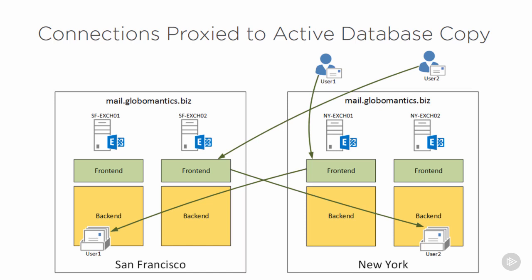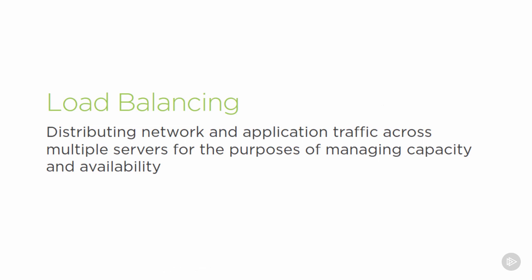Now, obviously, when we have multiple servers available in the environment, it's good to think about some form of load balancing. Load balancing simply means distributing the network and application traffic across multiple servers for the purposes of managing capacity and availability.